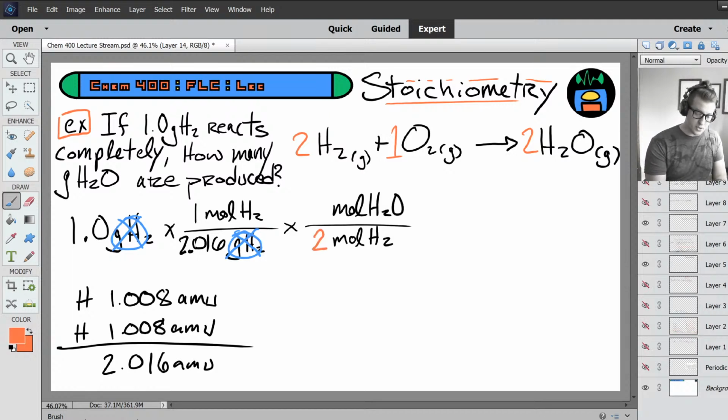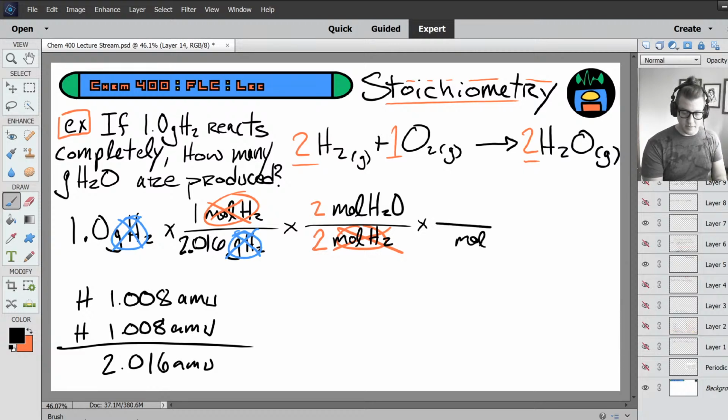And again, these numbers come directly out of our balanced chemical equation. Now, moles of hydrogen cancel moles of hydrogen, and we're ready to move on to our final unit conversion. We're going to put moles of water in our denominator because we want that to cancel. And we want to find grams of water.